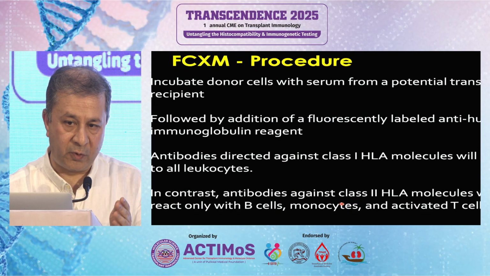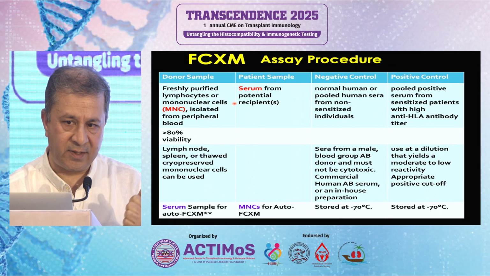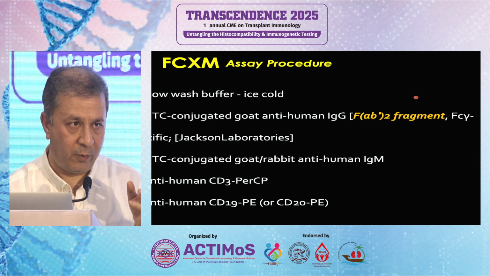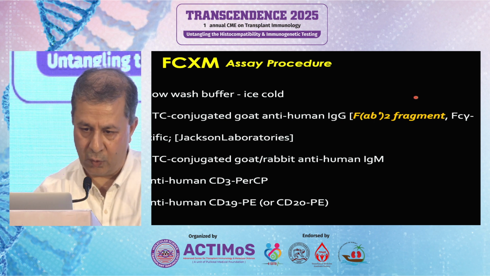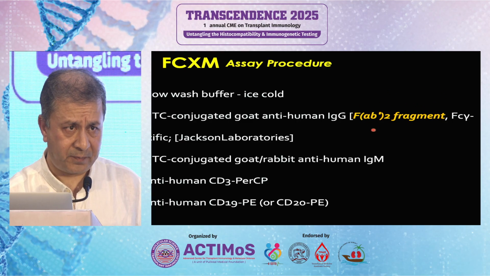And of course, when we get to the procedure, we do it almost along similar lines as CDC. I'll not get into details for want of time. But remember, we need to get the donor sample, which should have the mononuclear cells, the lymphocytes, serum from the patient, and of course, the negative and the positive control. And all this needs to be put into the tubes, which are put into the flow cytometer. The only part I would want to emphasize is identifying the antibody.